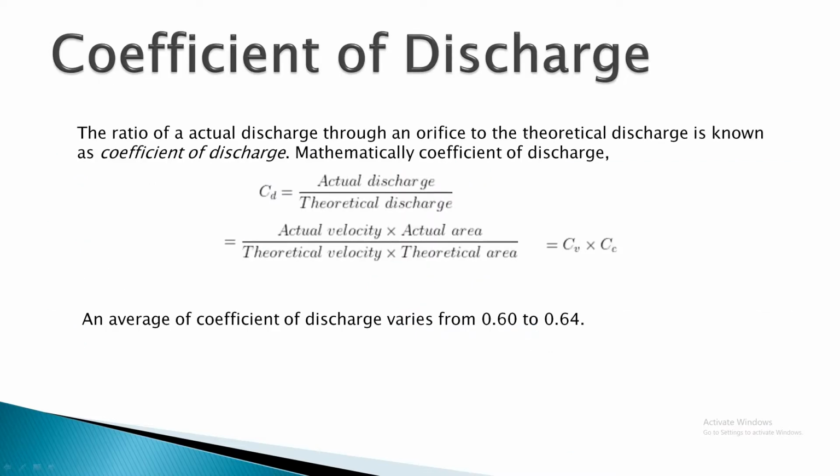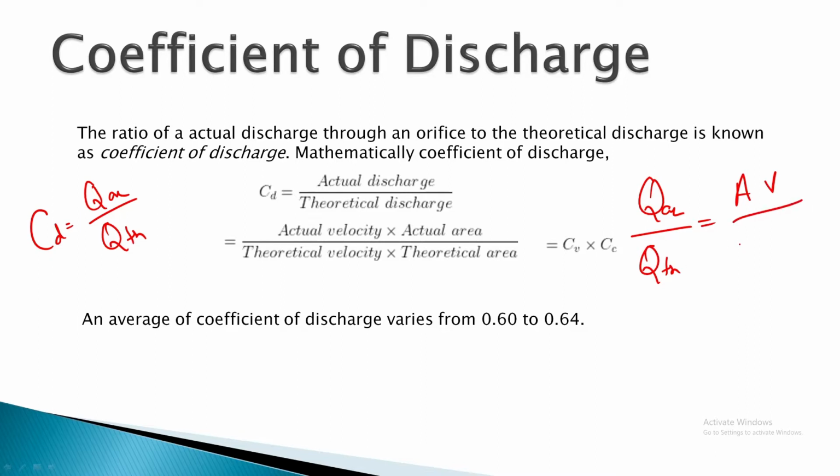The coefficient of discharge is denoted by Q actual by Q theoretical. We can write Q actual as the actual area times the actual velocity, and Q theoretical as the theoretical area times the theoretical velocity.